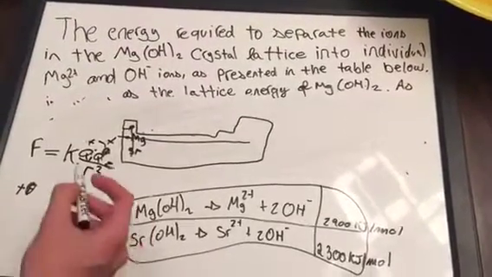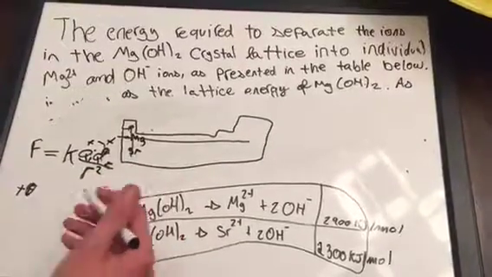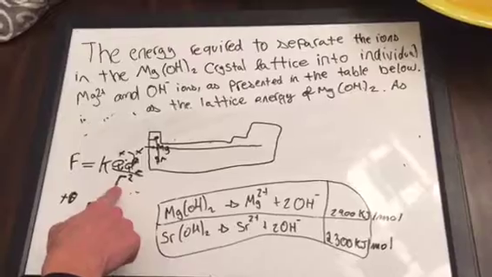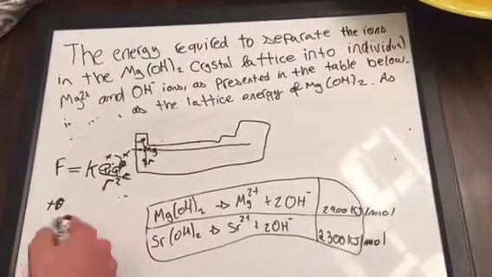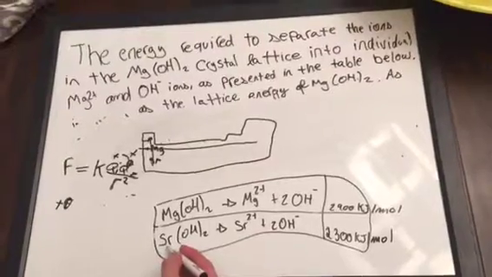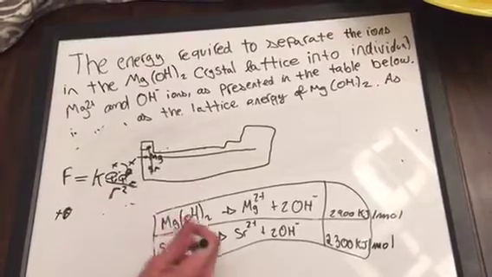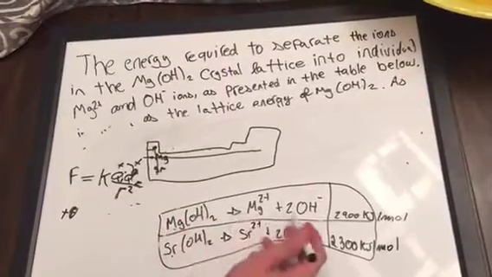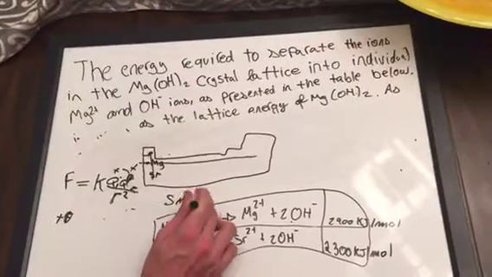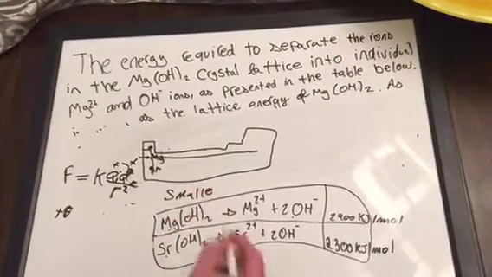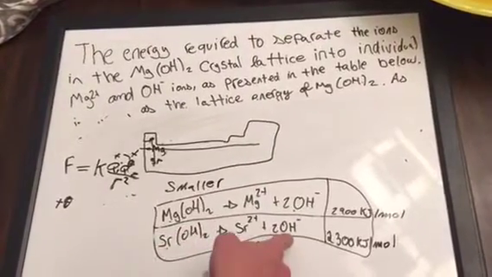This R signifies the distance between the two ions. Because Sr has a bigger radius than magnesium, the distance between magnesium and hydroxide is smaller than the distance between strontium and hydroxide.